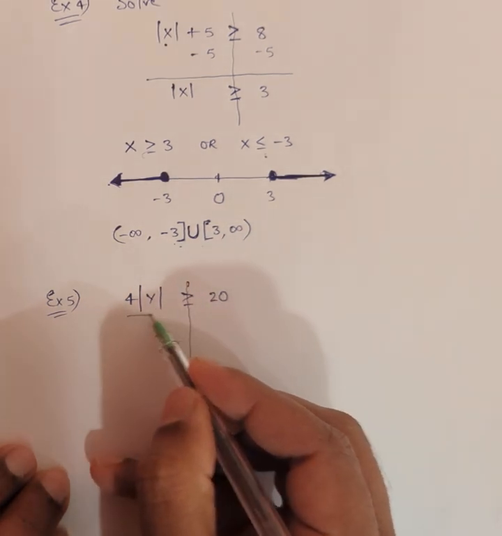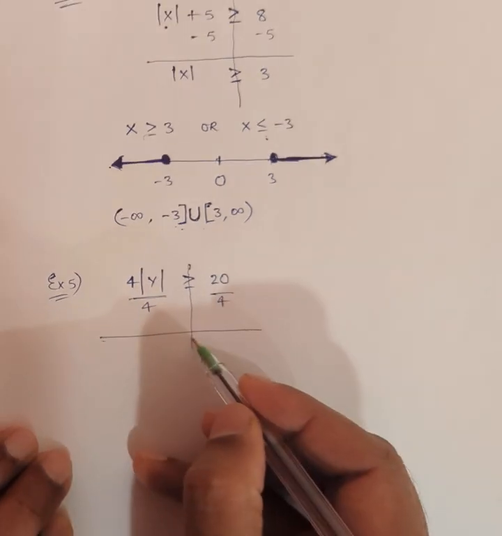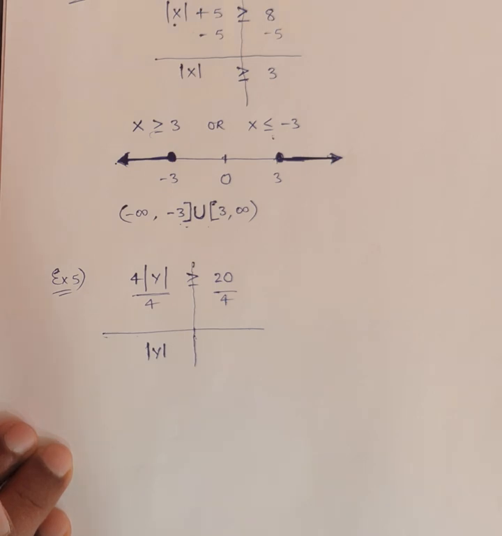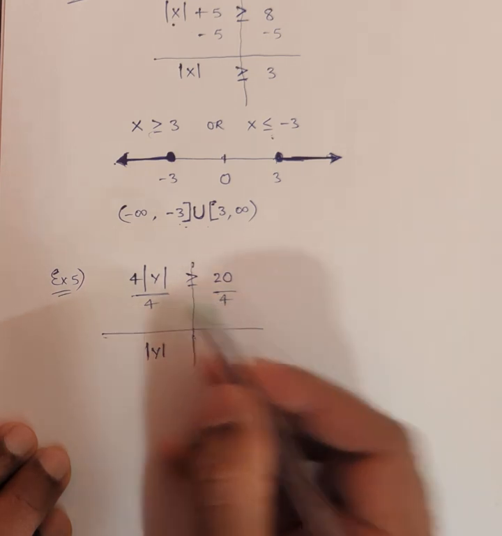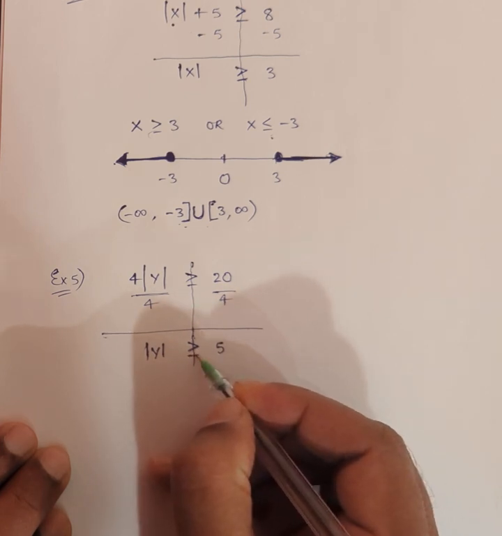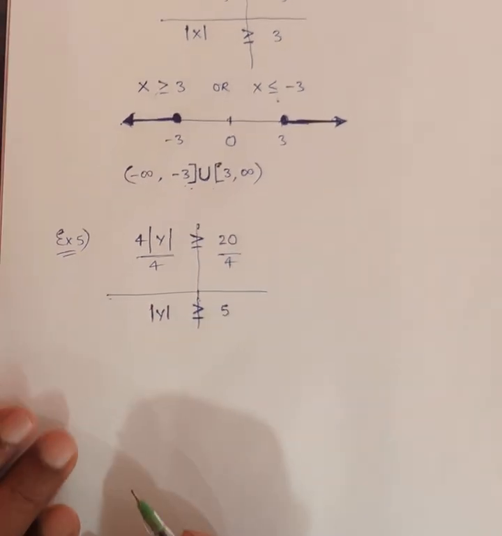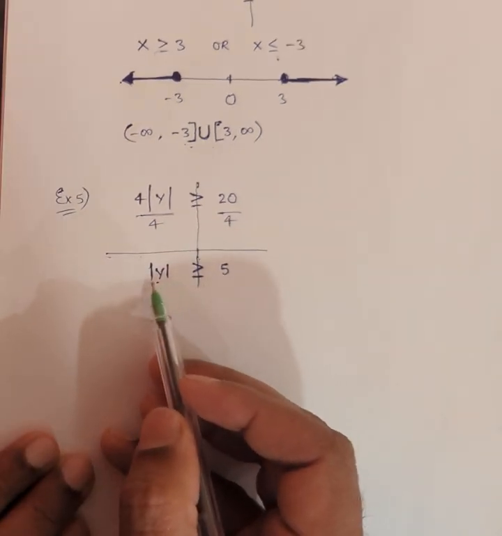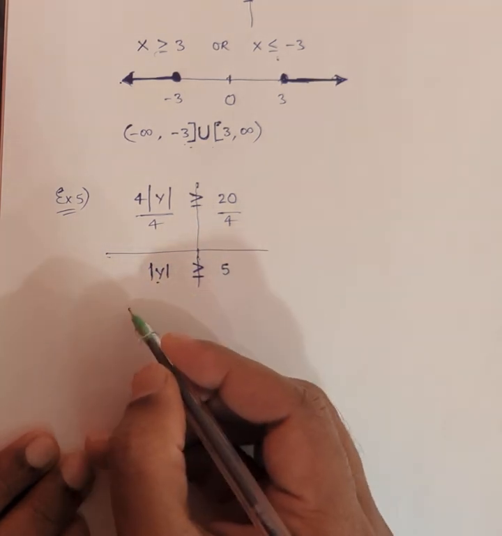If I divide both sides by 4, what happens on the left is the 4's cancel each other out, leaving me with absolute value of y alone. And on the right, 20 divided by 4 is 5. And if I divide by a positive number like 4, it does not affect the inequality. So whatever inequality I had earlier, greater than or equal to, will remain the same. Now, I have only absolute value on the left side of the inequality. So at this point, I can write down my solution.